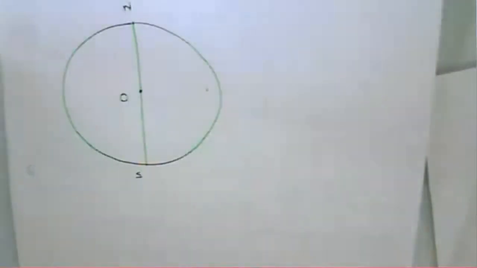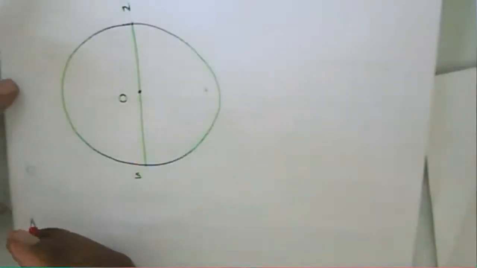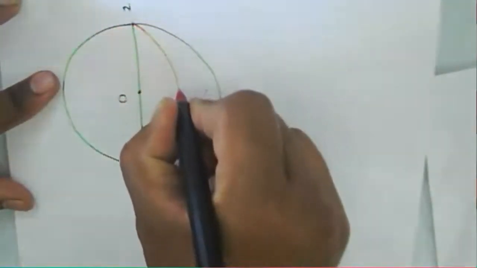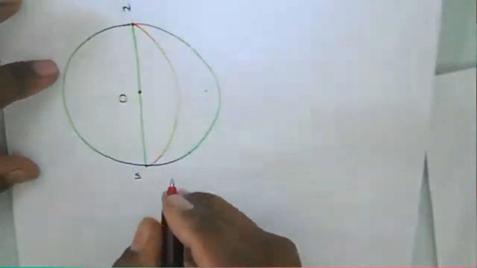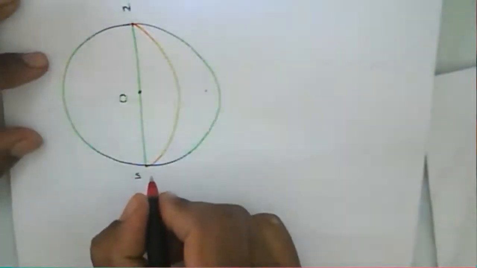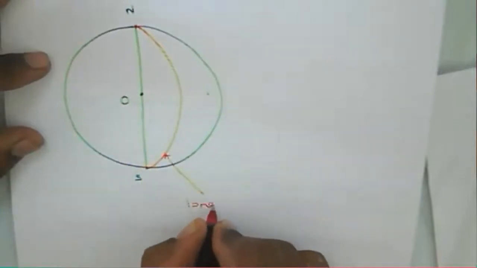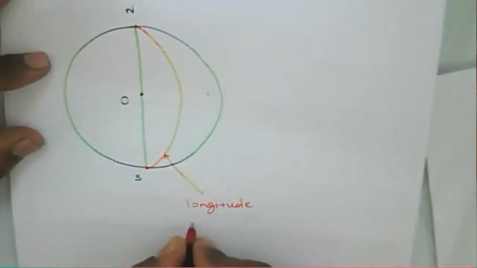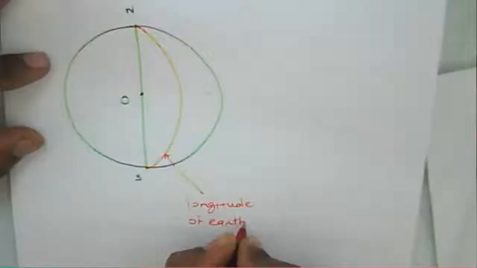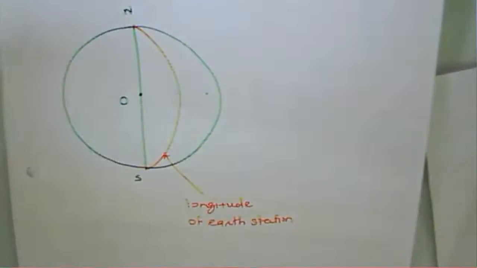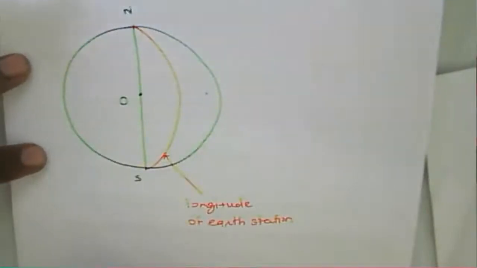And a longitude of the earth station, okay, so we can consider now this one is about a longitude of the earth station. So this one we can say is a given longitude of the earth station, and so we consider that is the position of a satellite from the earth station now.